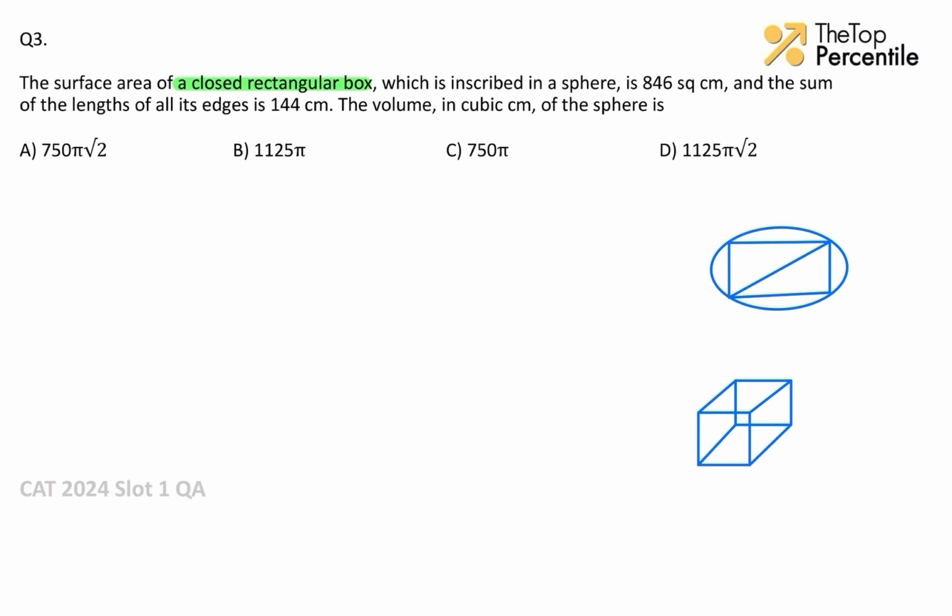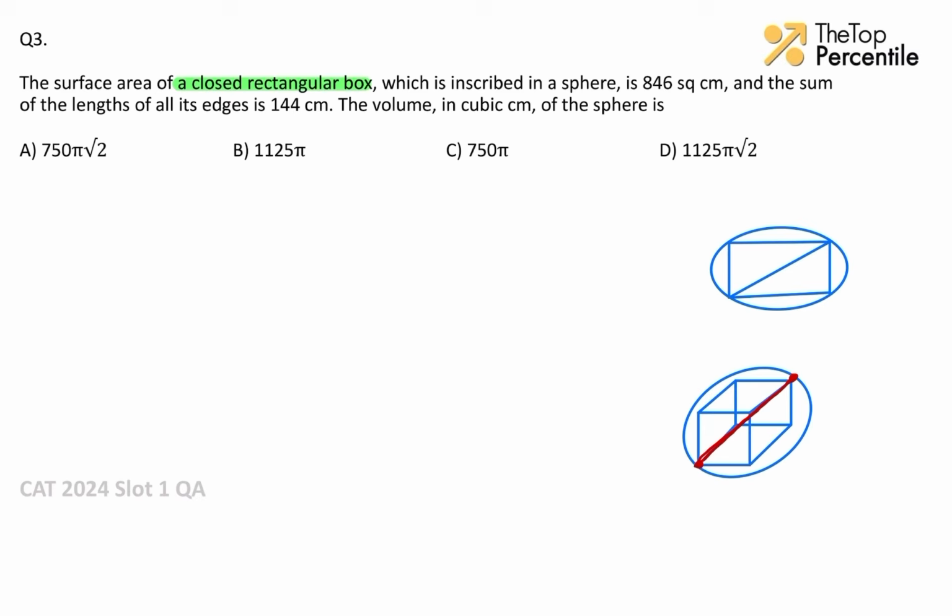So similarly, when we take a cuboid and it is inscribed in a sphere, sorry for this piece of art, but I'd like you to imagine this as a sphere. The diameter of this sphere will be nothing but the longer diagonal of this cuboid. So the concept is pretty similar to the 2D figure as well. Now, what's given to us?